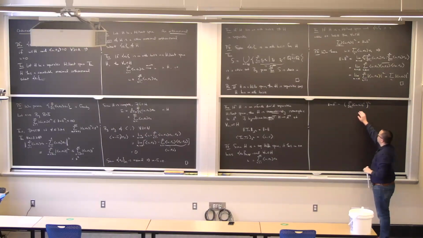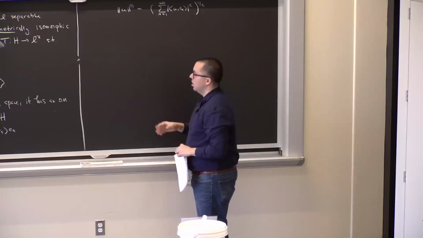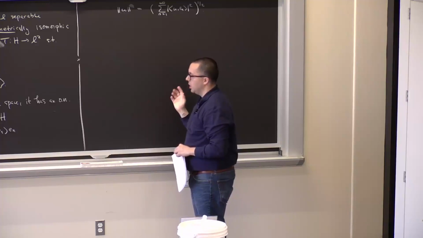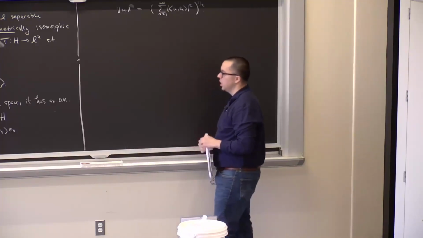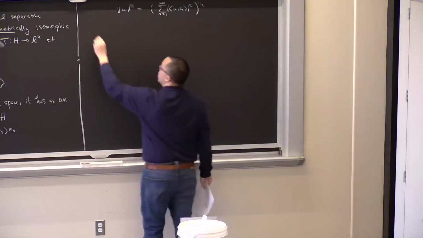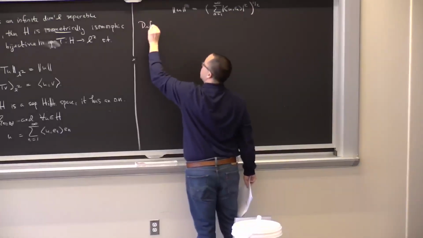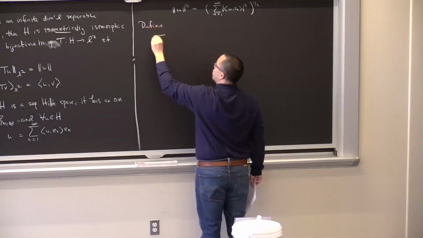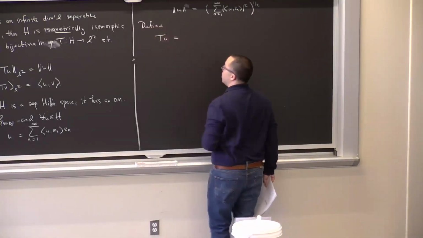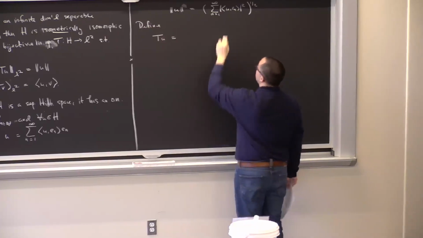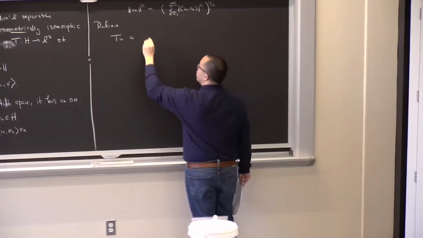Okay? So now this should just jump at you. How do I define my map from H to little l2? Then I define T of u to simply be the sequence of coefficients appearing here.